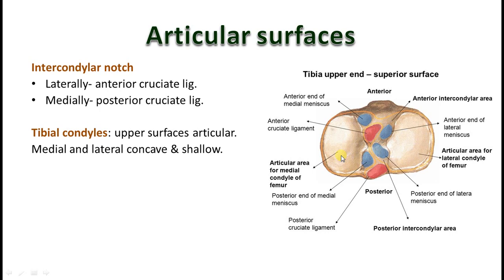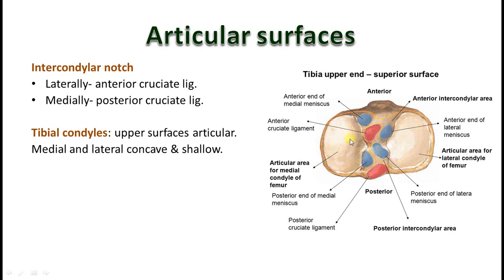It is somewhat deepened by the intra-articular cartilage, that is the menisci, which get attached to the peripheral margins. So 3/4 of the peripheral margins will be occupied by the medial meniscus and the lateral meniscus.